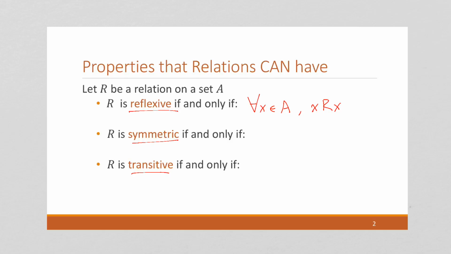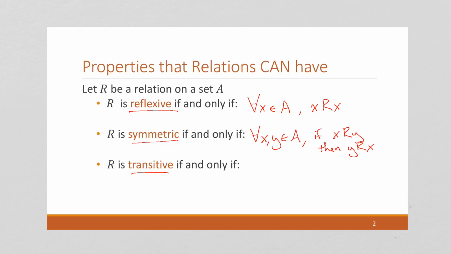We say a relation is symmetric if and only if for all x and y in A, if x is related to y, then y is related to x. So the relationship goes back and forth.